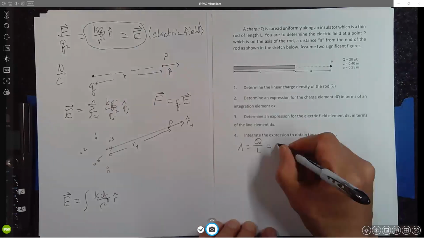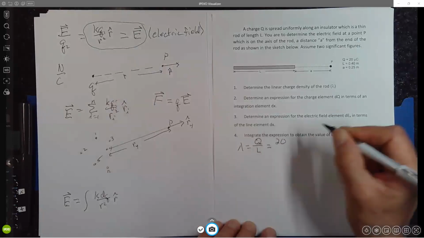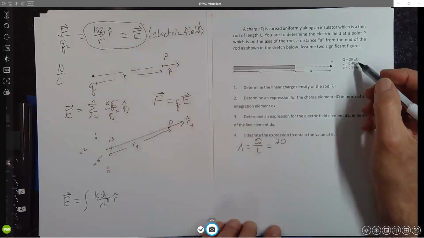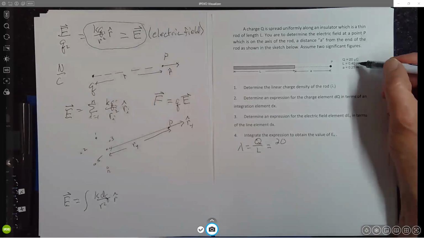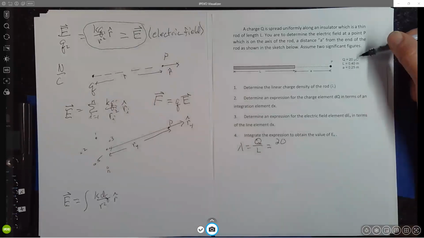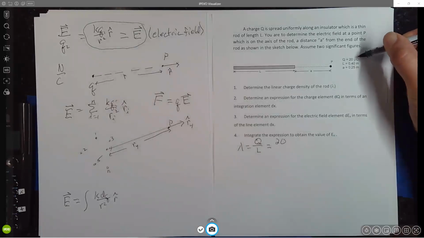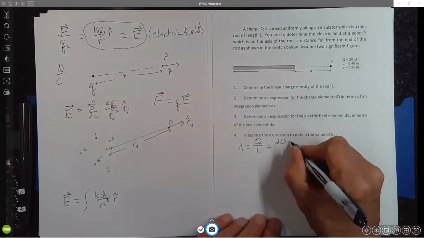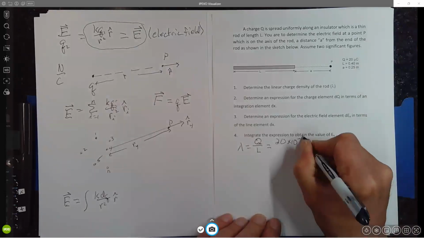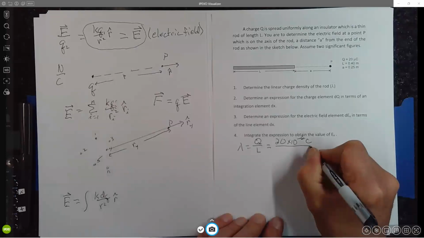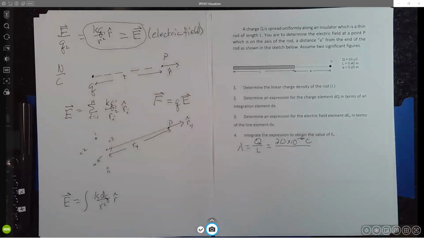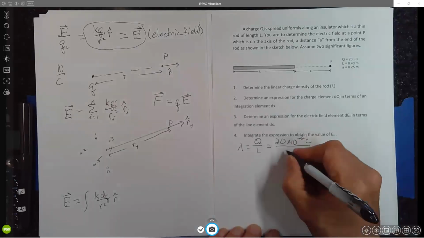and so in this case we'd have 20. In this section of the course, we'll often use these little tiny metric prefixes, like that's the one for micro, so that's 20 times 10 to the minus 6th coulombs. That's what the micro means. And then the length is 0.40 meters.